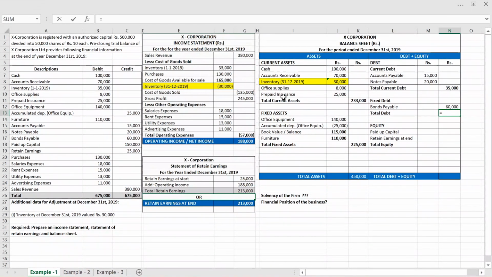Now let's make the total of current liabilities and the fixed liabilities, so you get the result of total liabilities. It is better to write the total of current liabilities here in this column, and again the total of bonds payable.